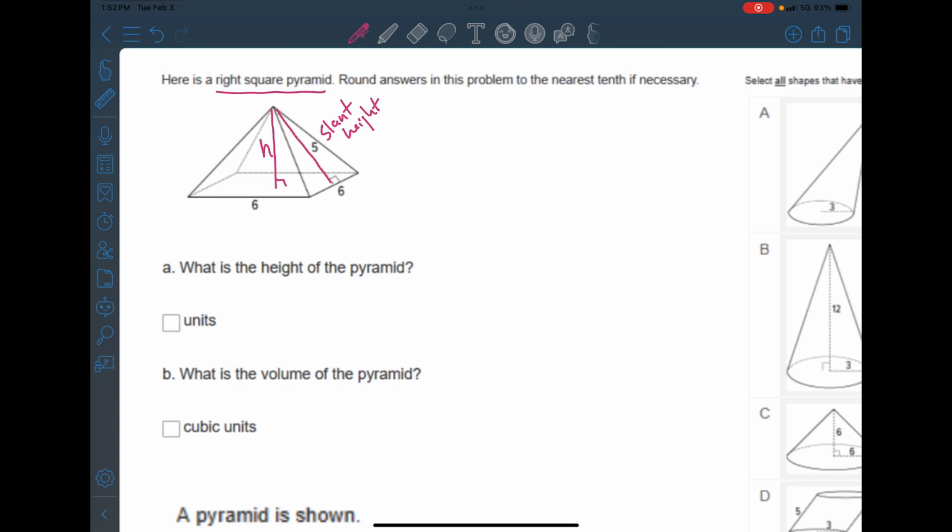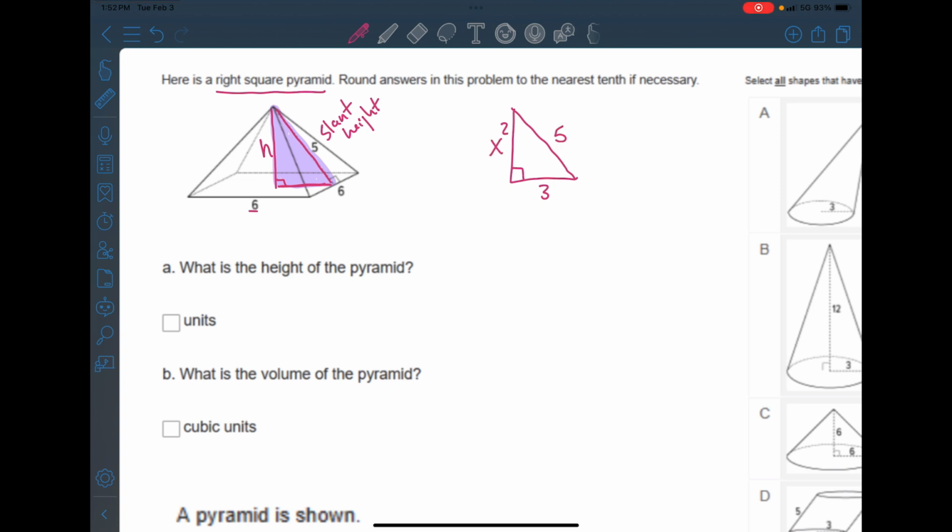So if we look, we can pull out and make this triangle. We have a right triangle. So here it is. And for this part right here, it is half of this side, so that would be 3, and this would be 5.